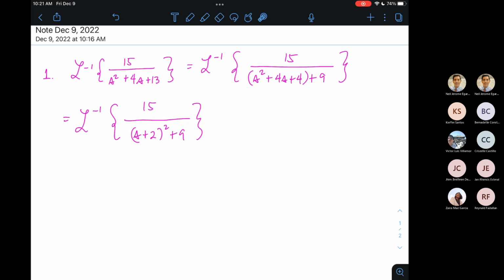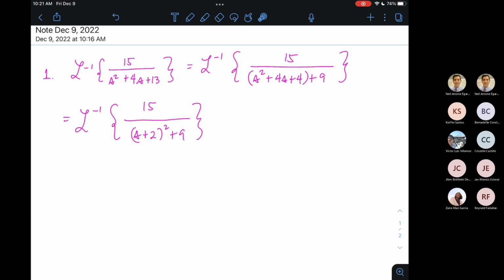The constant is easy to manipulate because I can just put it out or introduce some constant factors and then divide everything up later to preserve equality with the given problem. So wala na akong problema sa taas. Ang pinakamalaking concern ko ngayon, s plus 2 ito. But remember, meron tayong theorem, theorem number 2, which allows us shifting by some units to the left.